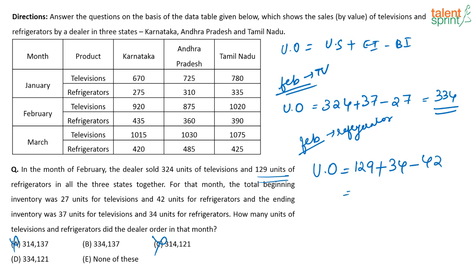So 129 plus 34 minus 42 is 121. So the answer that you are looking for is 334, 121. Option D is your answer.